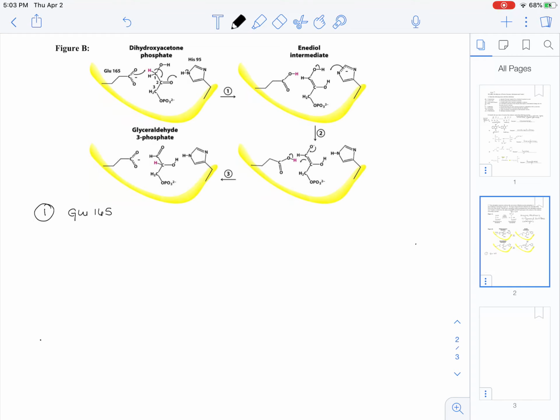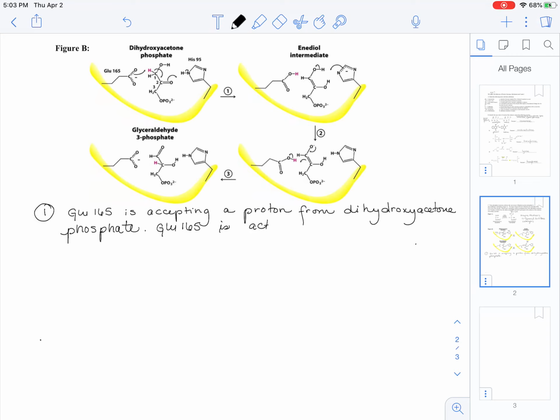So 165 is accepting a proton from dihydroxyacetone phosphate, which means that this residue at 165 is acting as a base.